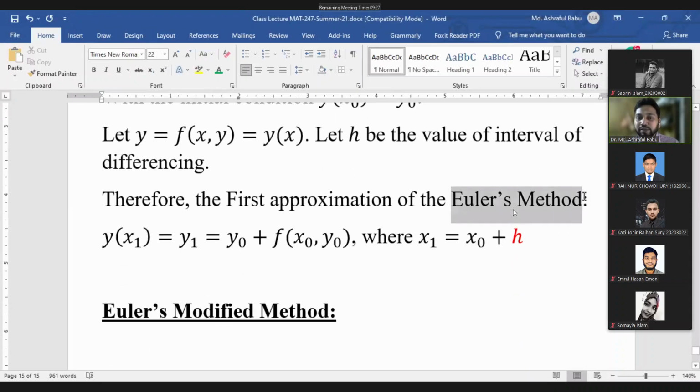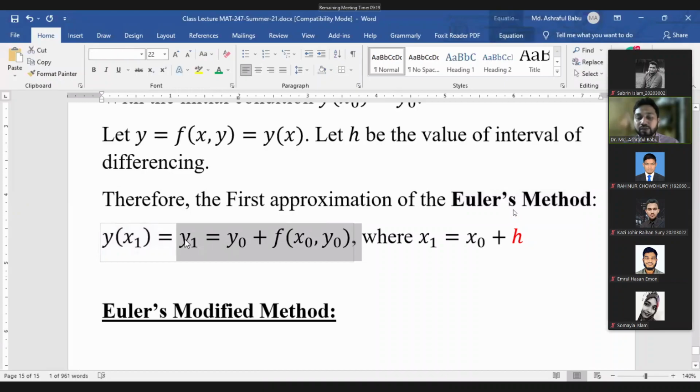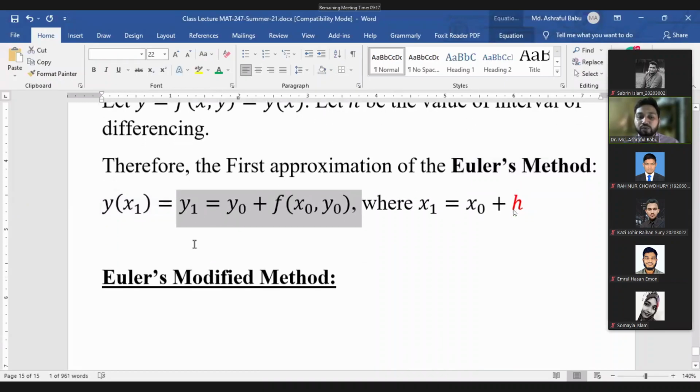So what is Euler's method? y1 equals y0 plus f of x0, y0. This is our Euler's method, and from it we start Euler's modified method.